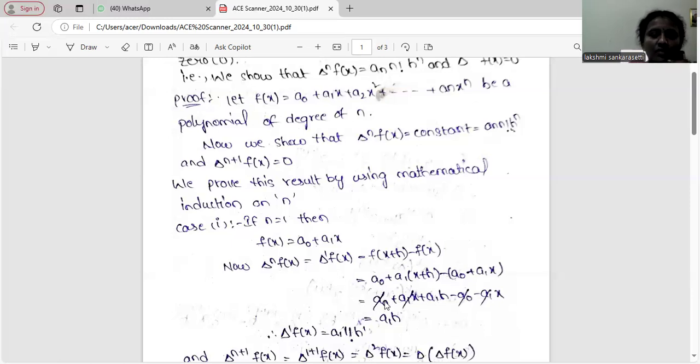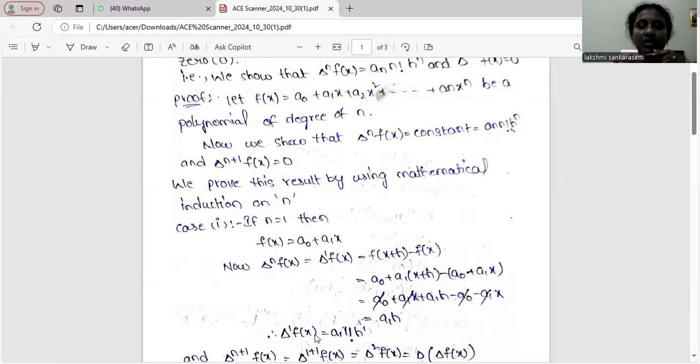On cancellation of the same terms having opposite signs, a0 minus a0 and a1x minus a1x, you will get the result as a1h. So delta power n of f of x is equal to a1h, and this constant a1h can be represented as a1 into 1 factorial into h power 1, which is h.